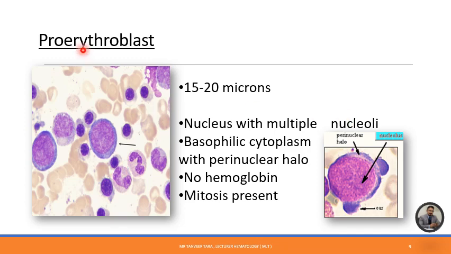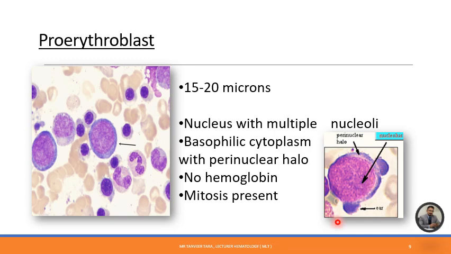This is the proerythroblast, and you are looking here that it is a large cell. Its NC ratio is high. It has basophilia, and mitotic division is present here. No hemoglobin is present here, but the process of hemoglobin synthesis starts here, and its typical picture is this one.